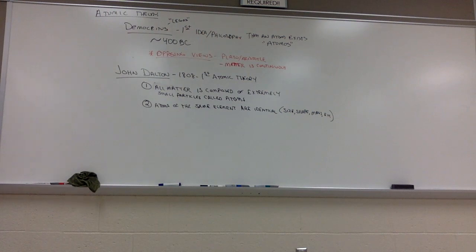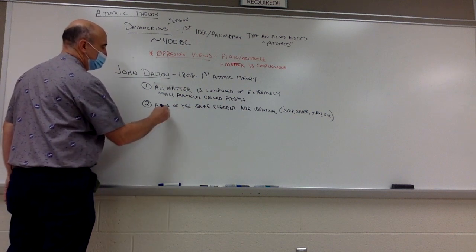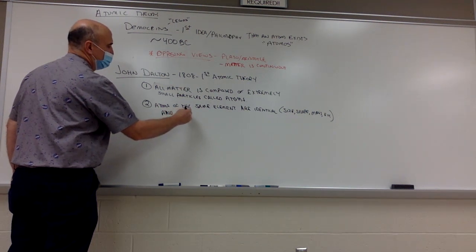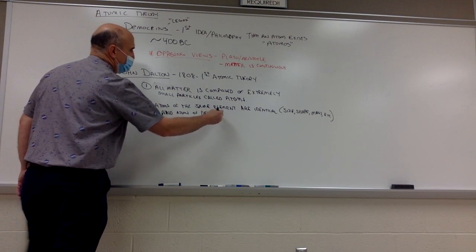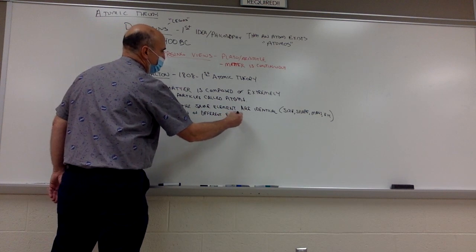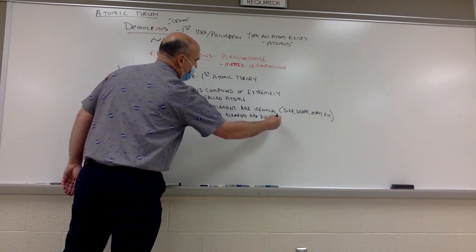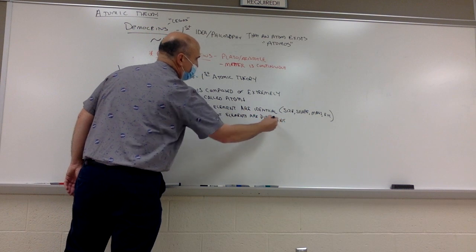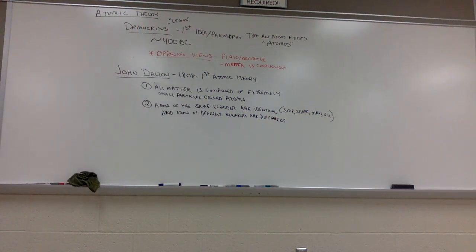Okay, so atoms of the same element are identical, and atoms of different elements are different. So atoms of the same element are all identical in every way. But if you have two different elements, those atoms have to be different. They can't be the same size, shape, all that kind of stuff. So atoms of different elements are different.